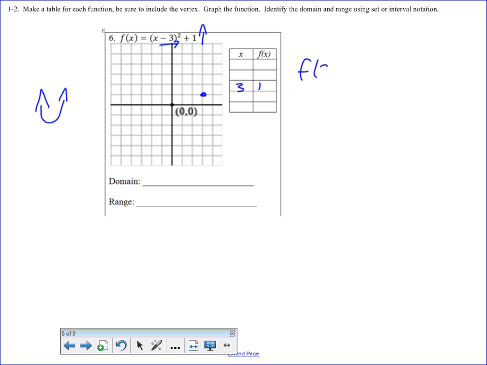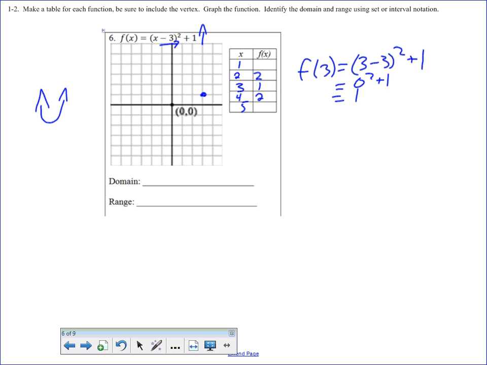So f of 3 equals 3 minus 3 squared plus 1, which is 0 squared plus 1, which is 1. Sure enough, there's my point. And I can plug in other points as well. I could plug in 1, 2, 3, 4, and 5. When I plug in 2, I will get 2. When I plug in 4, I will get 2. Same thing as before, just plugging them in.